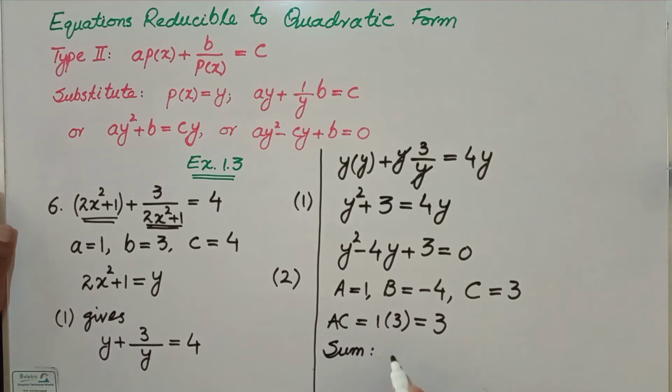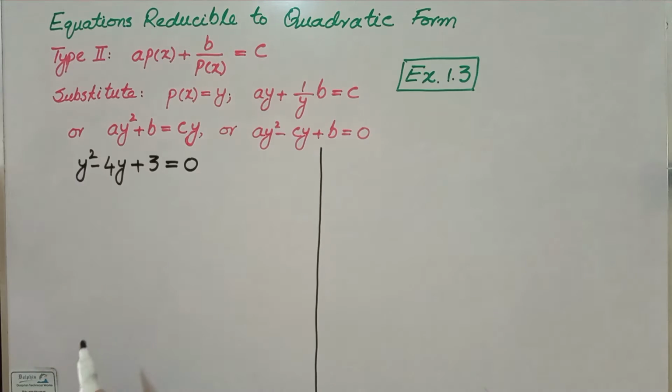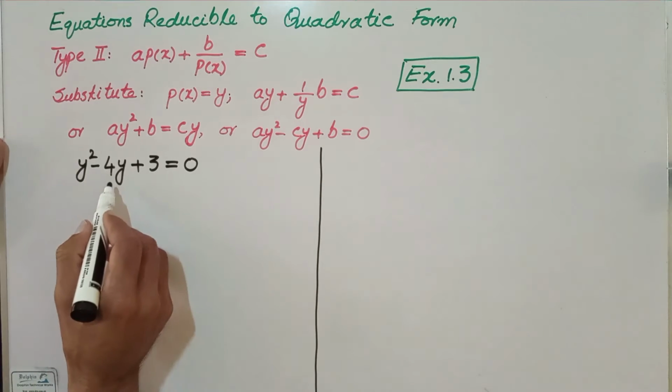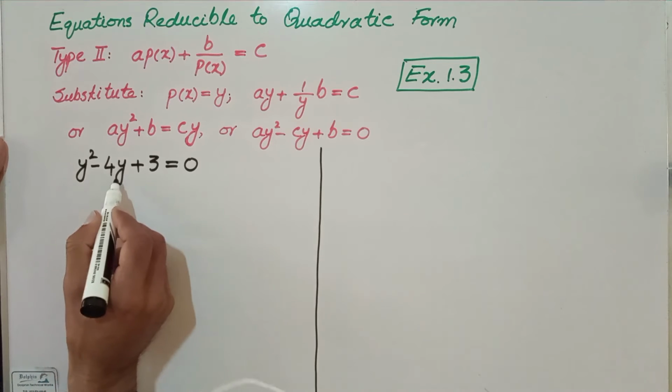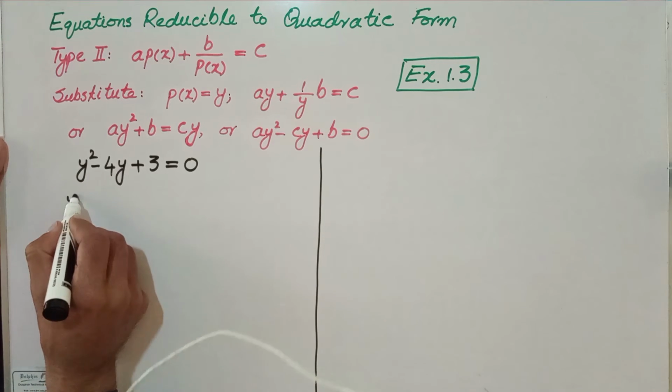We see that if we add minus 1 and minus 3, we have minus 4, and if we multiply these two numbers, minus 1 into minus 3, we have plus 3. Now we will split minus 4 into minus 1 and minus 3.